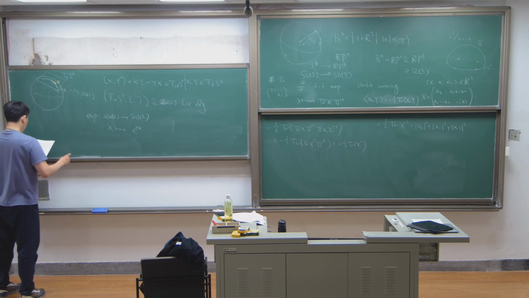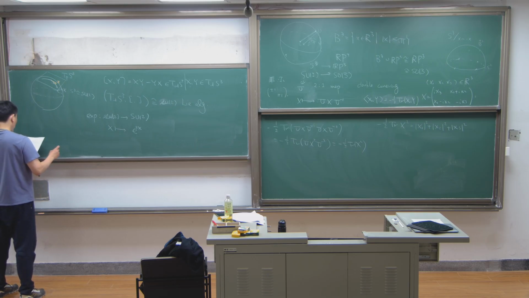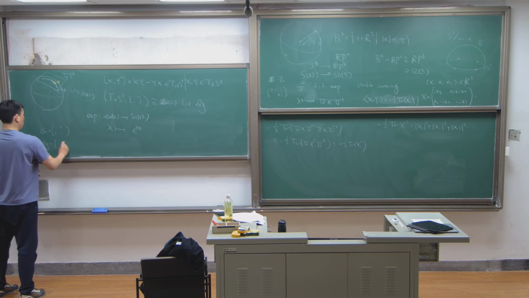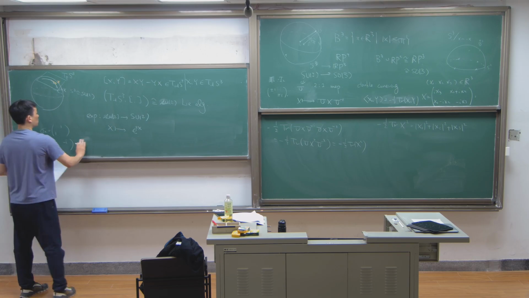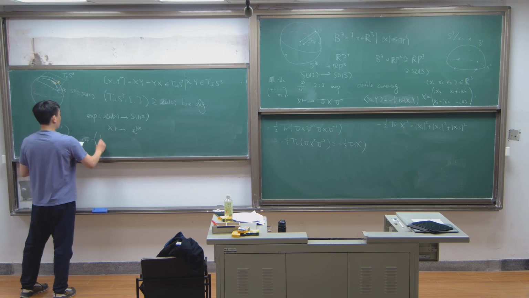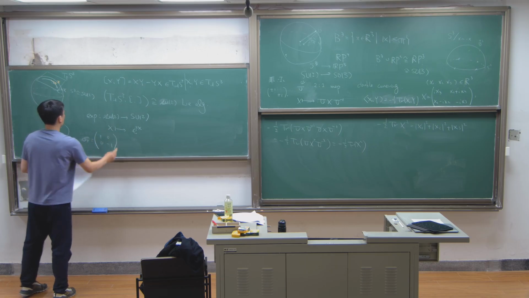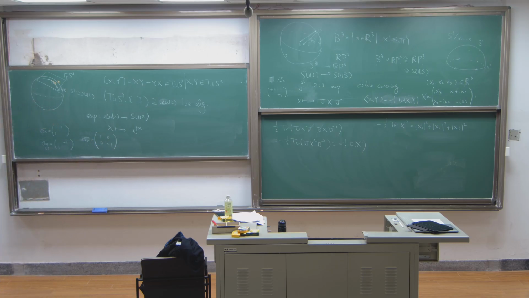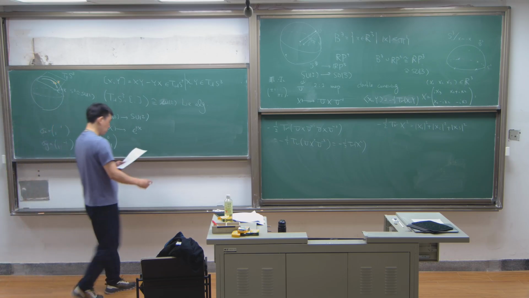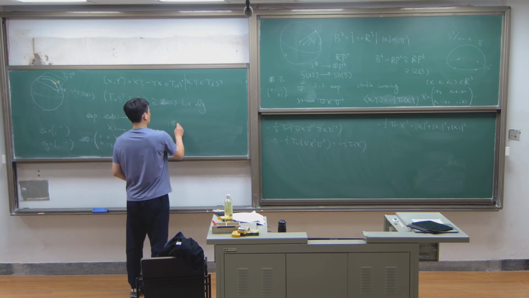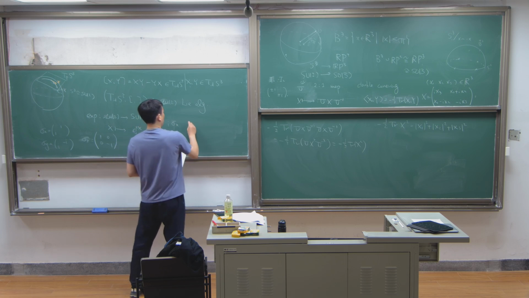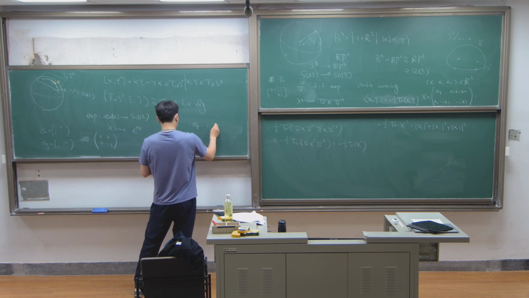For instance, you can consider the Pauli matrices, and the Lie algebra SU2 can be generated by i times sigma x, i times sigma y, i times sigma z.